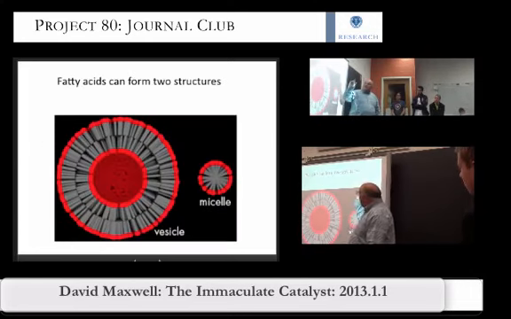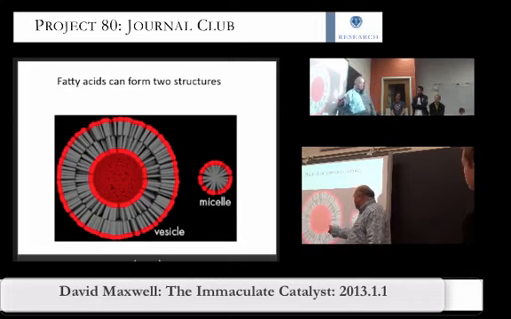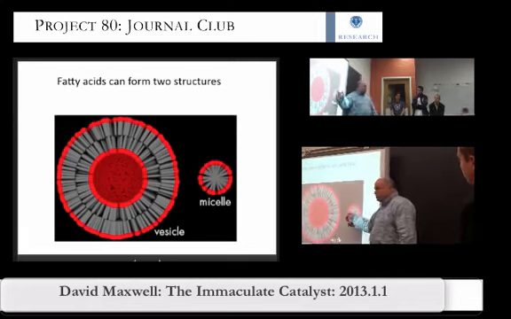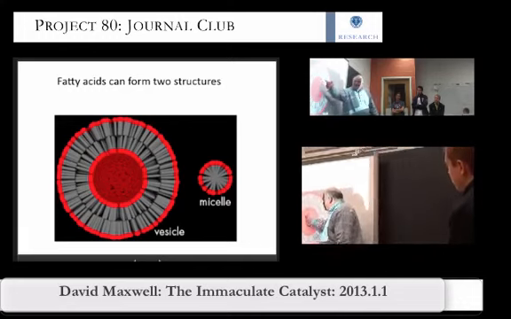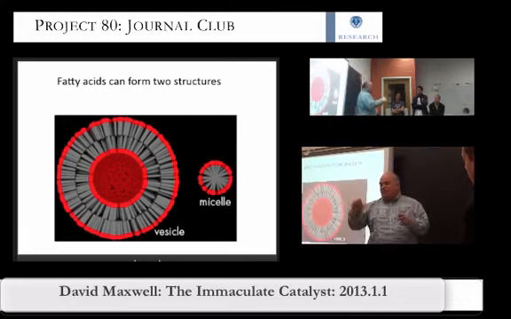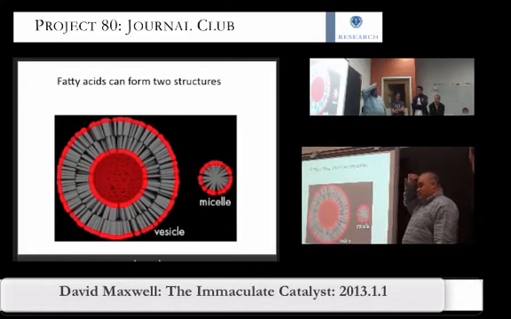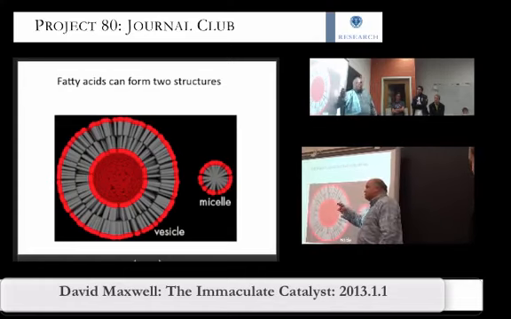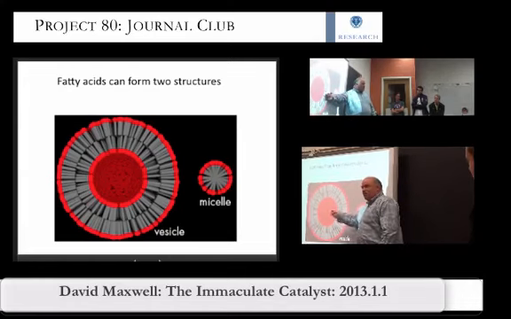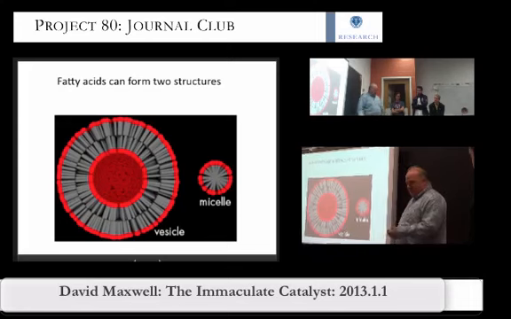So they'll spontaneously form micelles, which are these guys here. Micelles are the ones without a cavity in the center. And they form vesicles, and they're just basically bilayers with a hole in the center. And so I'll probably switch back and forth between calling these vesicles and calling them protocells, but just know that I mean the same thing.